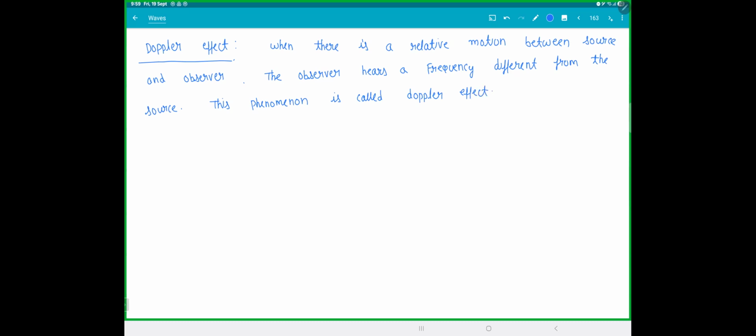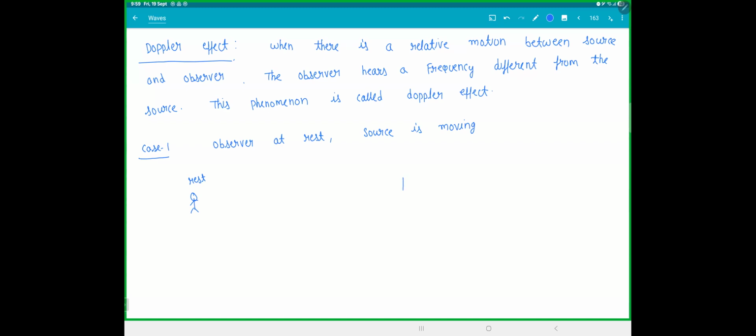So what is happening exactly here? Let's take 4 cases. Case 1: observer is at rest and source is moving. Let's say we have an observer just sitting there.